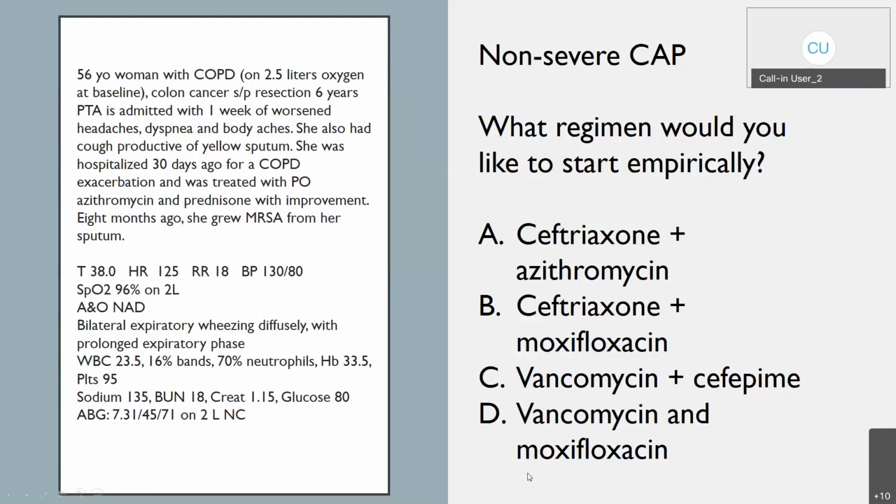So I would do D, treat her for community-acquired pathogens plus an add-on for MRSA. Vancomycin you would use if you were worried about Pseudomonas as well. Cefepime is an add-on drug for Pseudomonas. And the other ones are both choices for when you're not suspecting those pathogens.